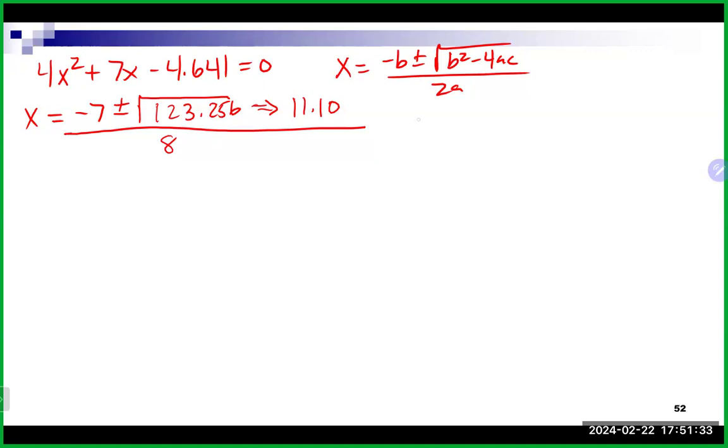That's going to give me an x value for the positive way of about 0.513. Then minus 7, and subtract 11.10, divided by 8, or negative 2.263, we'll call it in this case. Any questions on that so far?